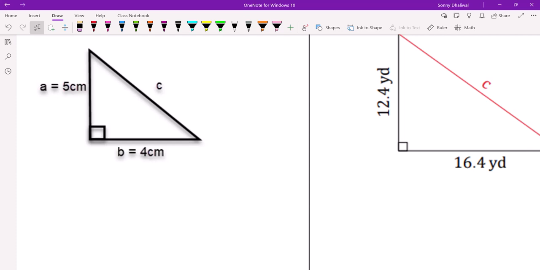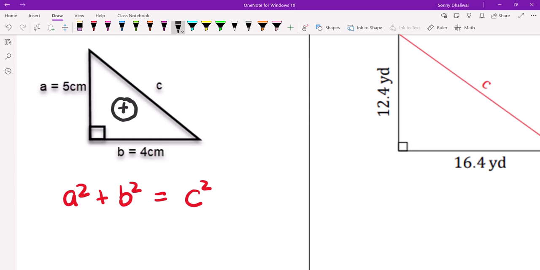So we want to find the missing side. We have our relationship from Pythagoras. It says a squared plus b squared equals c squared. Okay? What I want you to do with these triangles is, you're not going to understand the reason why, but next day you will. I want you to put a plus sign in here, which means we're adding the squares of the two sides. So put a plus sign in the middle of your triangle because we're going to find the hypotenuse.